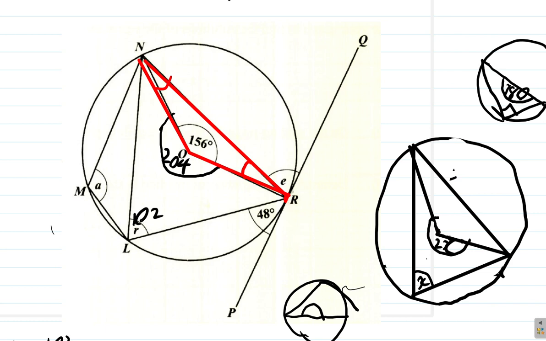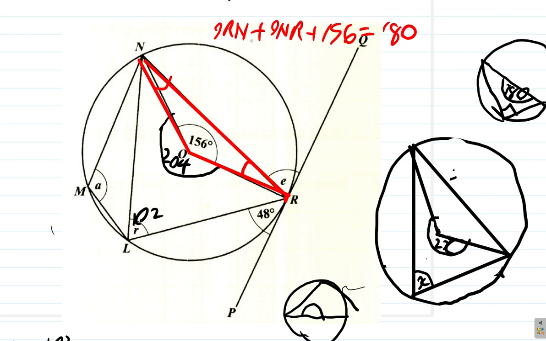Then triangle RON is isosceles, and then you calculate what angle ORN is. So you know that angle ORN plus angle ONR plus the 156 equals 180, right?